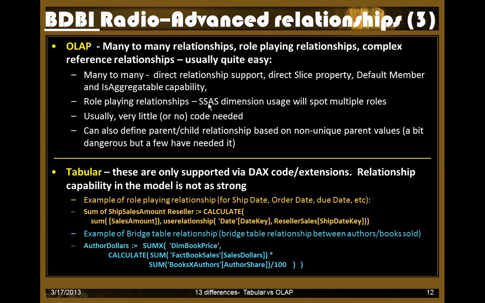Now there's another type of relationship that people run into from time to time, and it's a many-to-many bridge relationship. One example is in AdventureWorks where you have sales that you might want to associate with different currencies. Well, sales doesn't slice directly to currency.